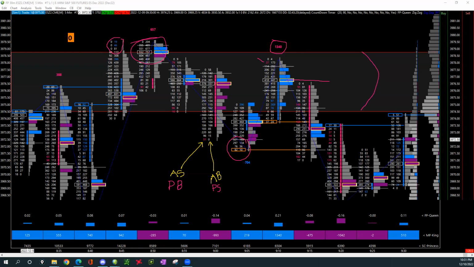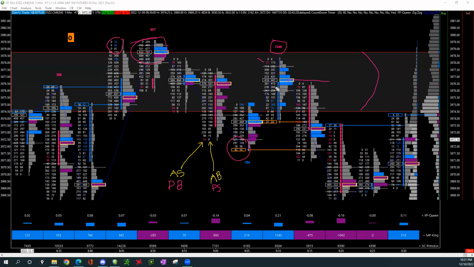How do I enter it? On the way back, I see a lot of effort with no result. A lot of my contracts are coming in, but the price doesn't move, and at that time we know the seller is absorbing everything.